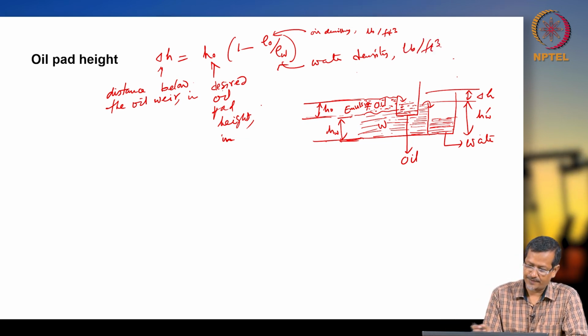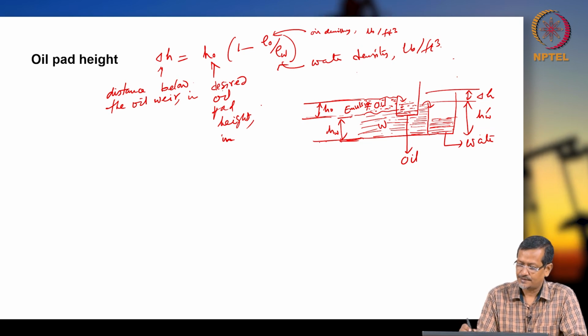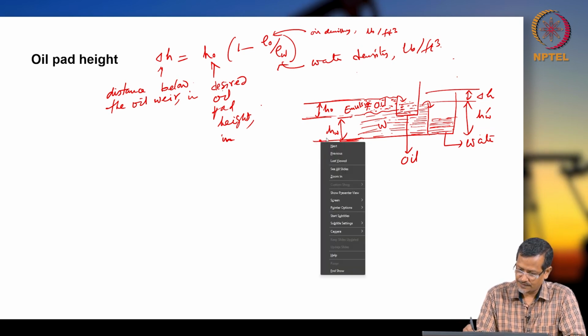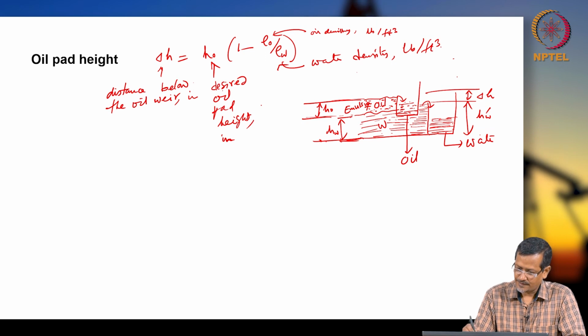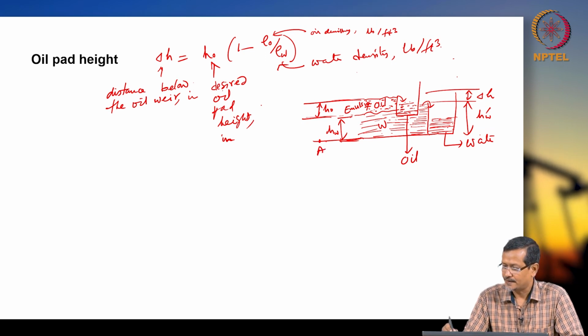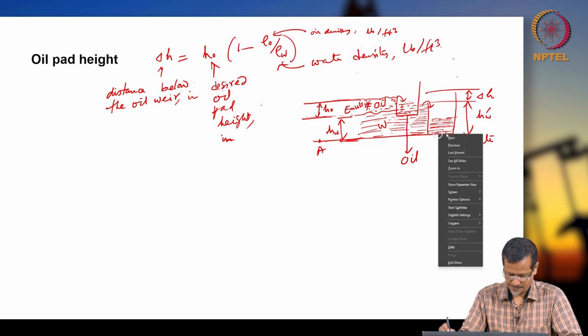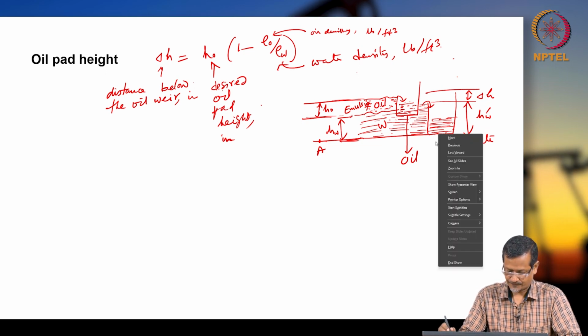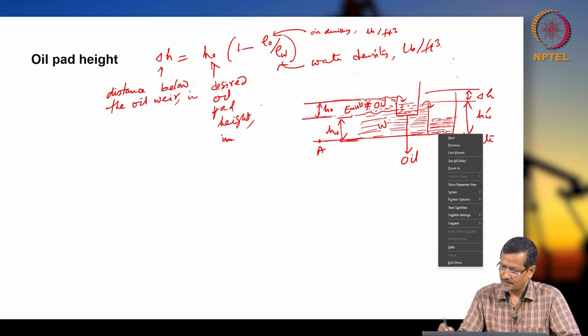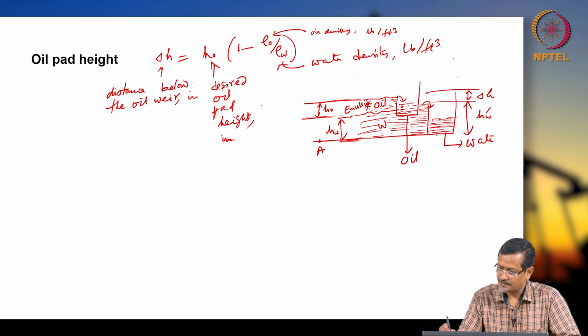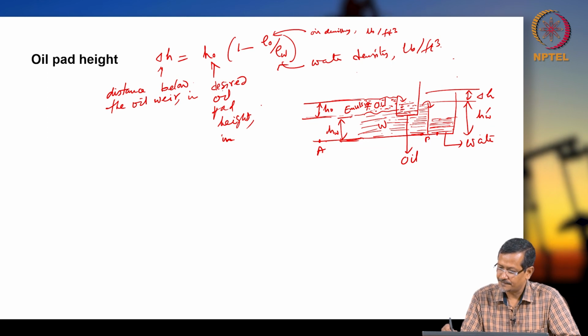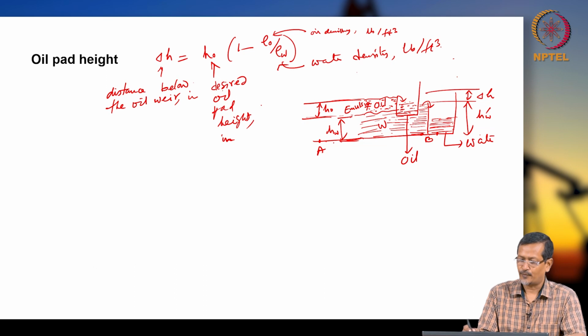Now how to derive it? Let's assume point A, and another point here I am assuming B. Okay, so at point B, what is the pressure?